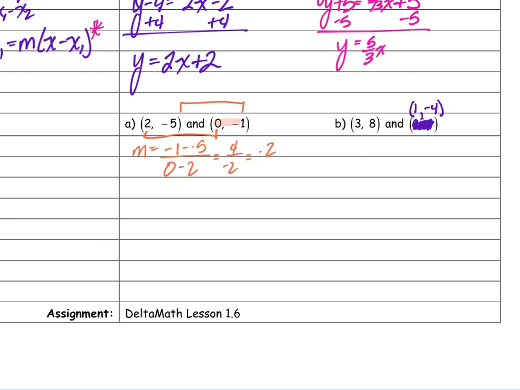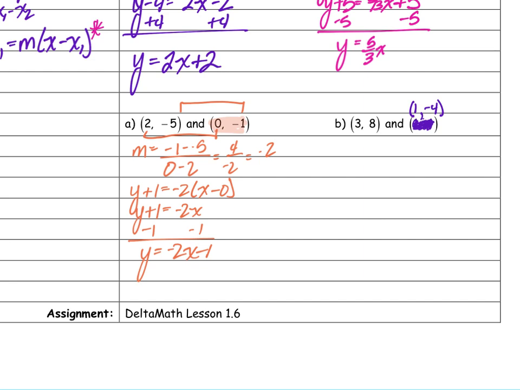Definitely going to pick the one with the 0 in it, because that will make it even easier. So I'm going to do y plus 1 equals -2 times x minus 0. So I get y plus 1 equals -2x. Subtract 1. y equals -2x minus 1. Questions? Are we okay?